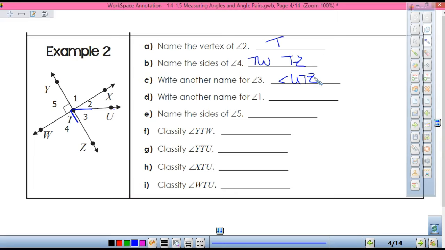Okay, so how else can I name it besides UTZ? ZTU, yeah. Why can't I name it angle T? Because there's a lot of angles that could be angle T. So how about angle 1? What do you want to name angle 1? YTX or XTY, yeah?